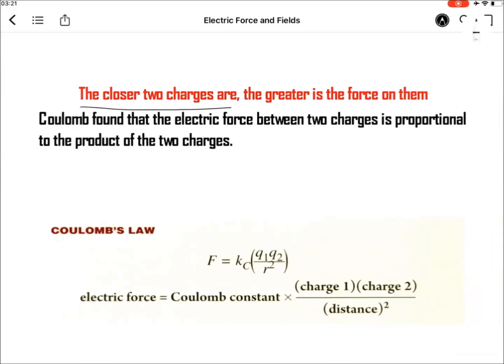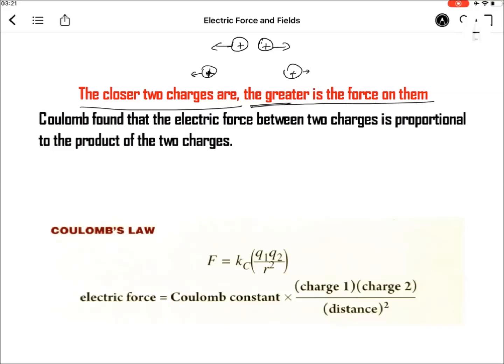The closer two charges are, the greater the force on them. So that means if the charges are very close to each other, they apply more force on each other. If the charges are away from each other, like this, they apply less force on each other, we can say.